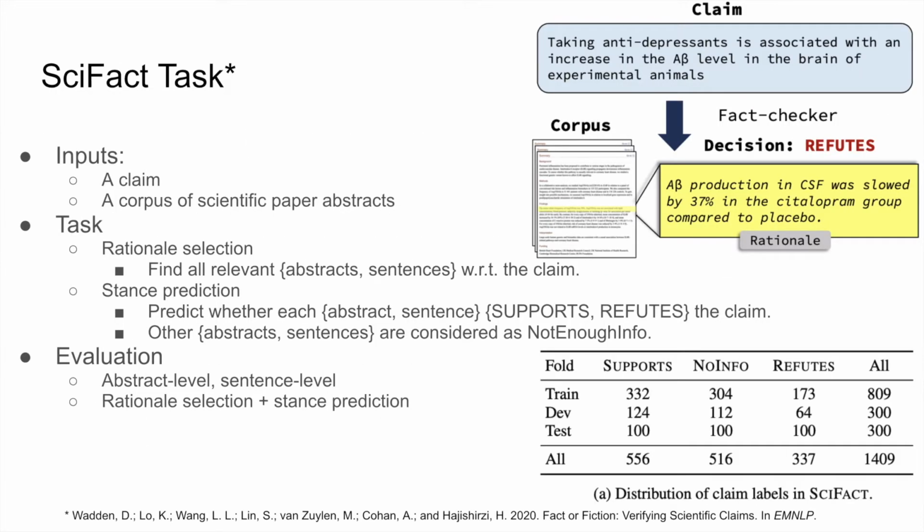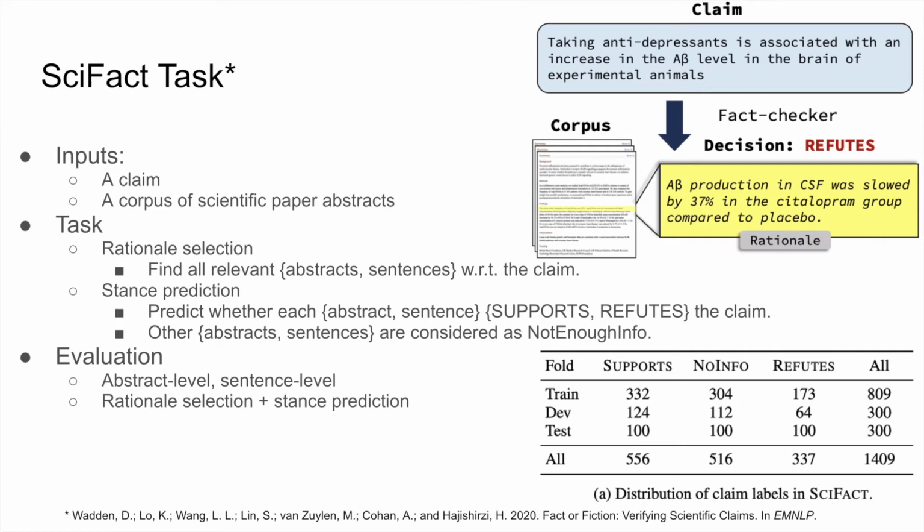In this work, we work on the SciFact task. The inputs of SciFact are a claim and a corpus of scientific paper abstracts. The task is to first find all relevant abstracts and sentences with respect to the given claim, and then predict whether each abstract or sentence supports or refutes the claim.